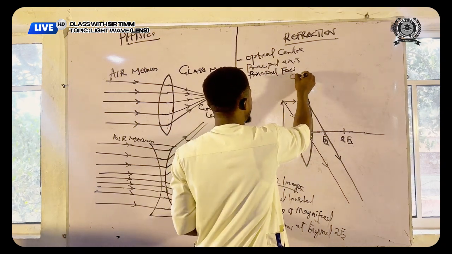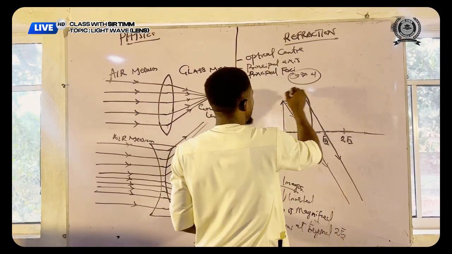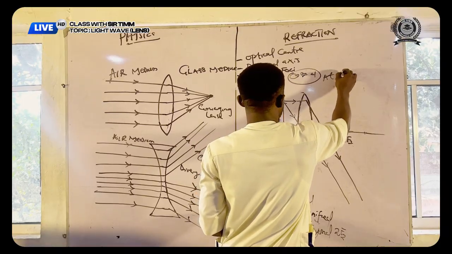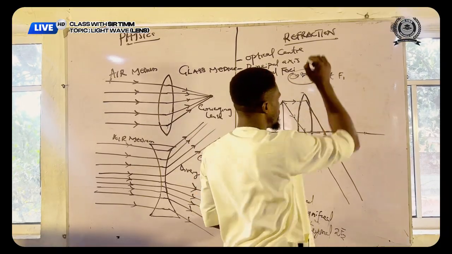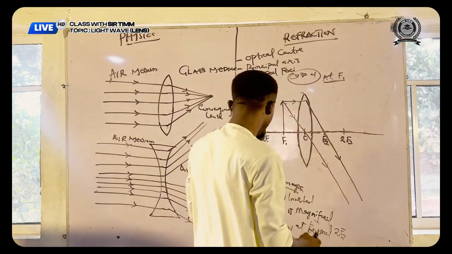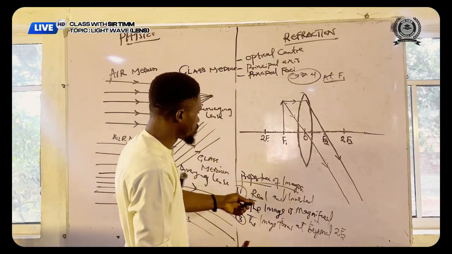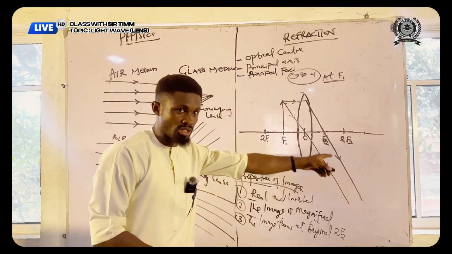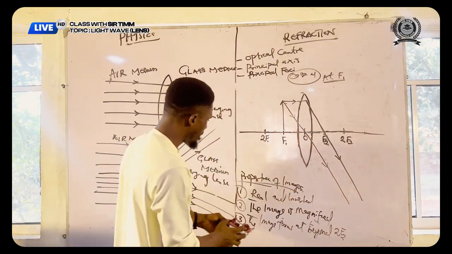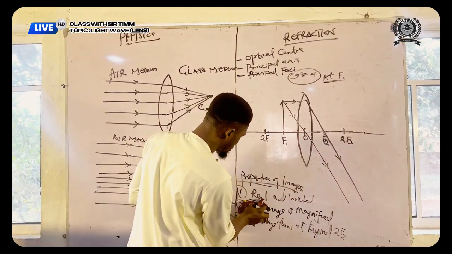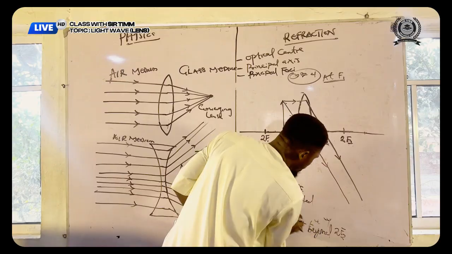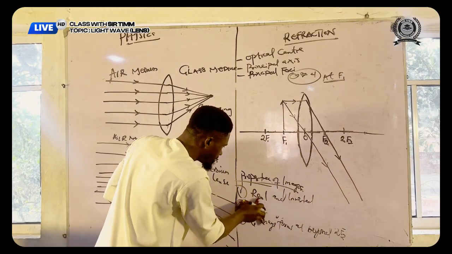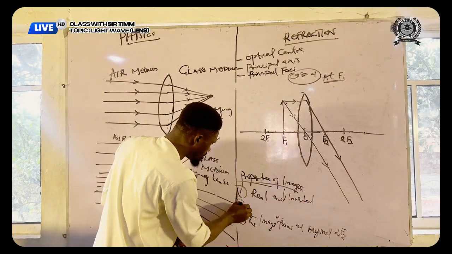So this is case 4, right? Case 4. So this is at f1. Good. So the image is real, and what? Is real because the ray is active, isn't it? Then the image is highly magnified.